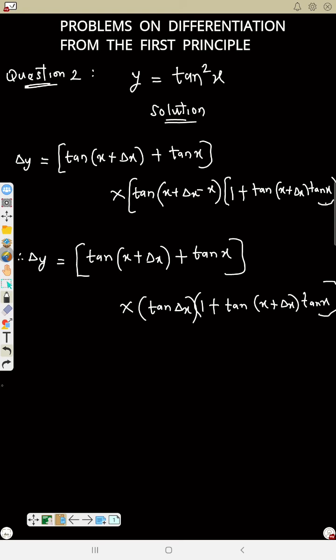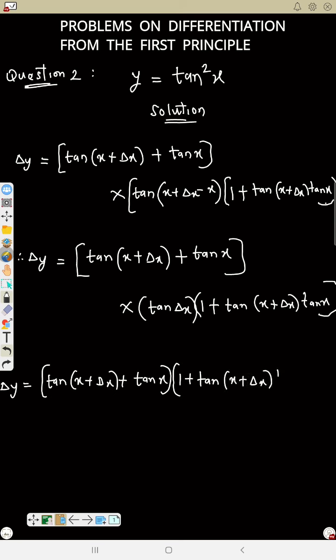So my dy will be equals to, let me multiply the two together, tan x plus dx plus tan x times 1 plus tan x plus dx tan x.